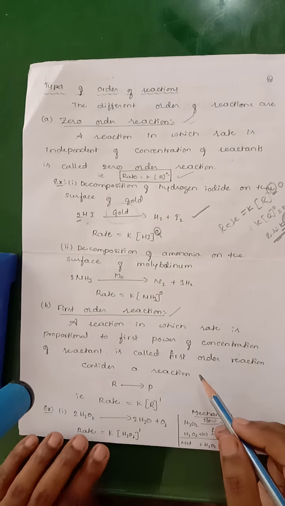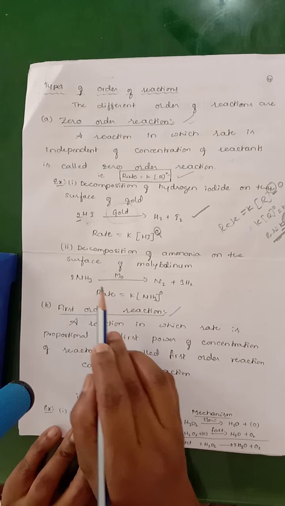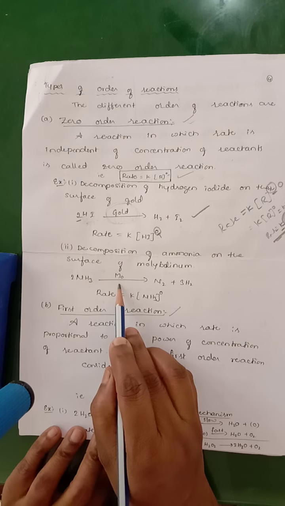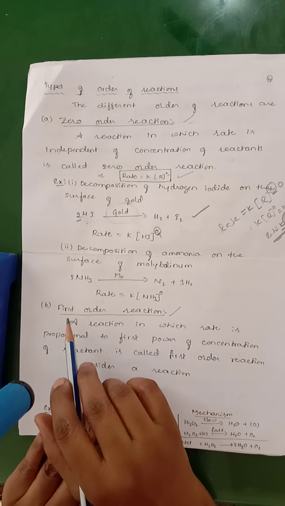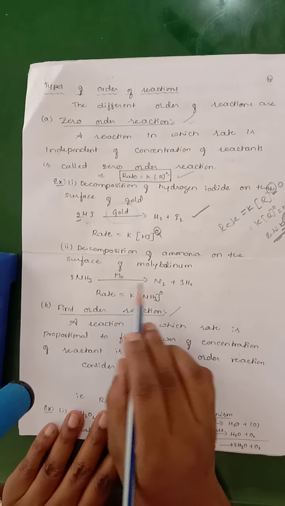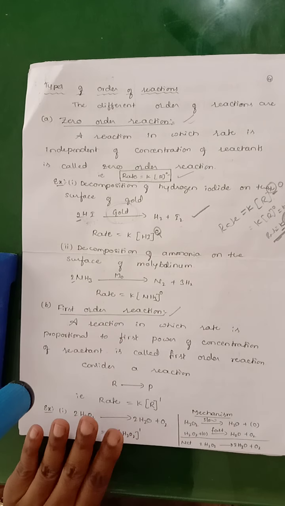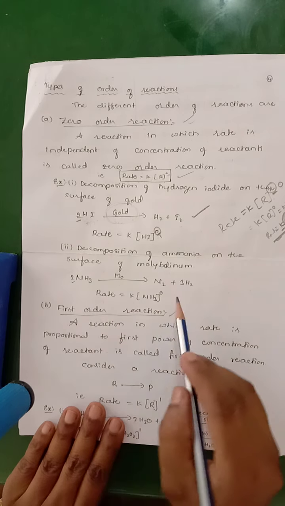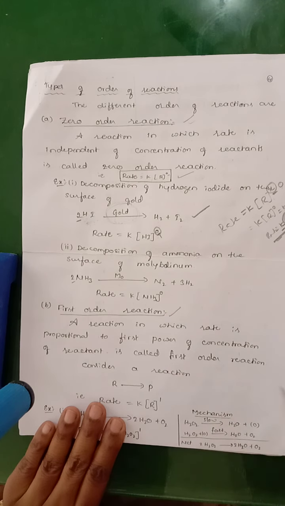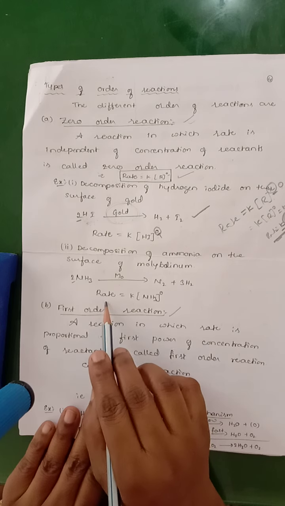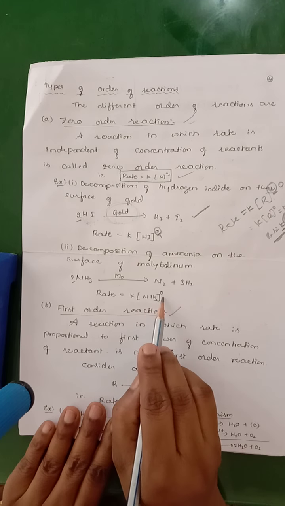Similarly, we can also take one more reaction as an example. Decomposition of ammonia on the surface of molybdenum can also be taken as an example for a zero order reaction. Here also, even though there is a presence of 2 moles of the reactant ammonia, after studying the mechanism and selecting the slowest step, for that slowest step we write the rate expression, that is rate is equal to k into concentration of ammonia power 0.